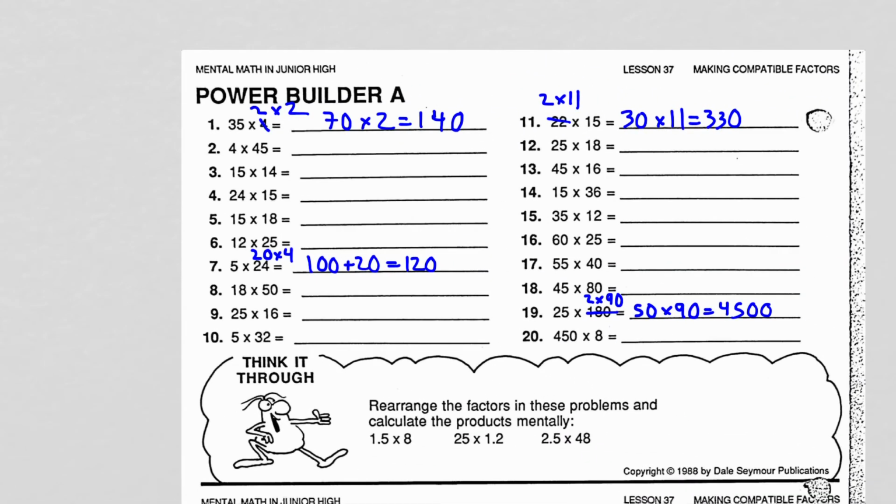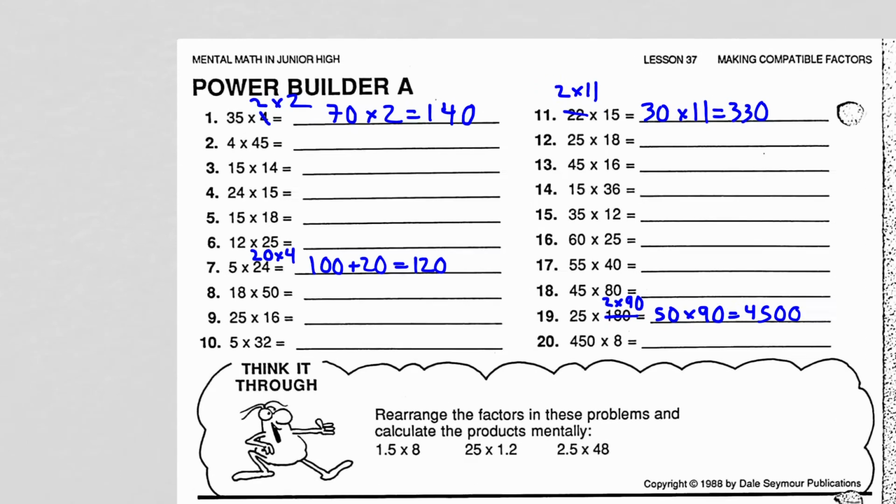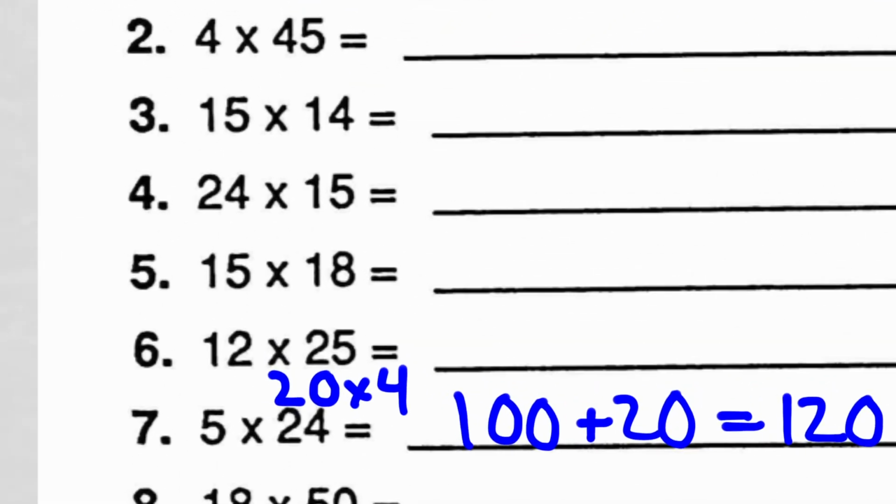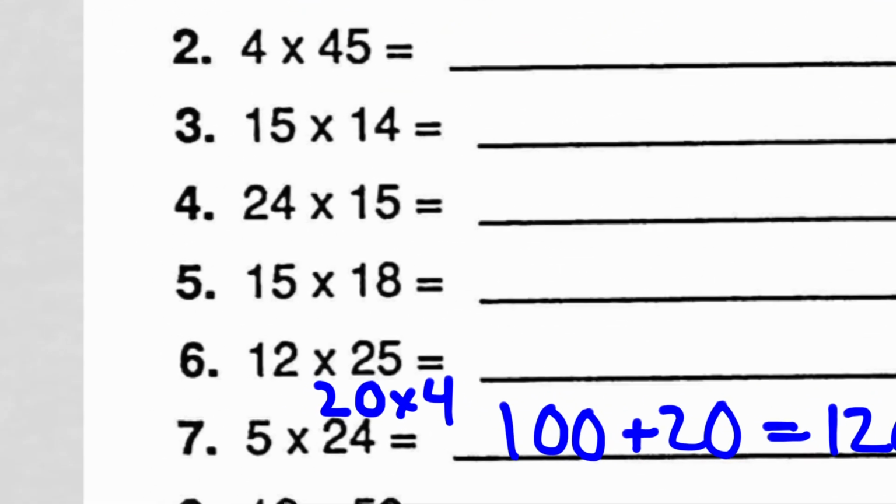Okay, so half and double, break up the numbers, or use compatibles. Let's see if there's another one where I can use compatibles, meaning numbers that just work out nicely. Wonder if I went over here, 24 times 15. I'm wondering, just thinking out loud here, if I did 2 times 12 for 24. Well, that would give me 2 times 12 times 15.